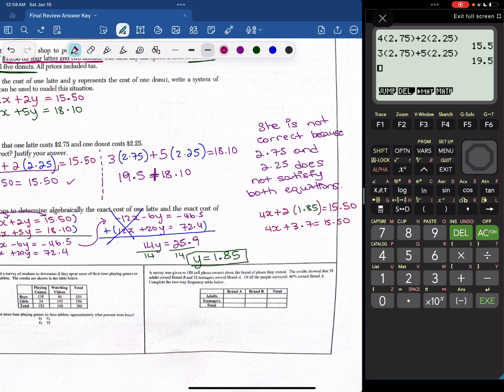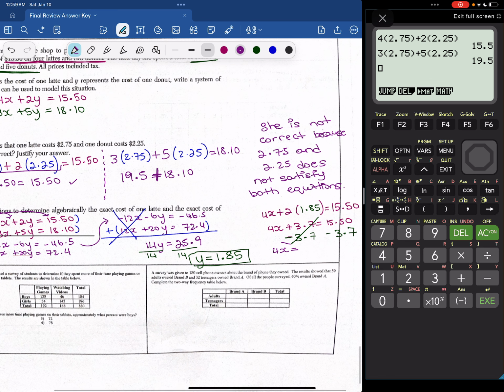We're going to do the opposite. Since it's plus 3.7, we're going to subtract 3.7 from both sides. This will cancel, and you'll be left with 4x is equal to 11.8.